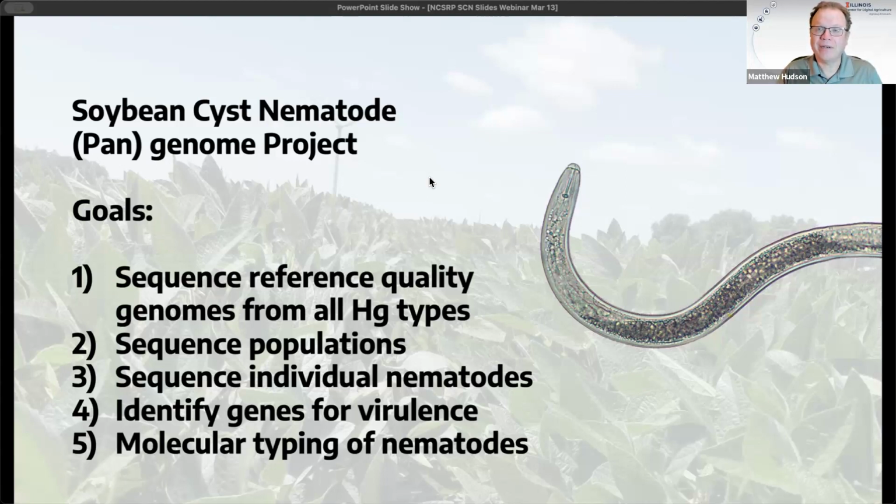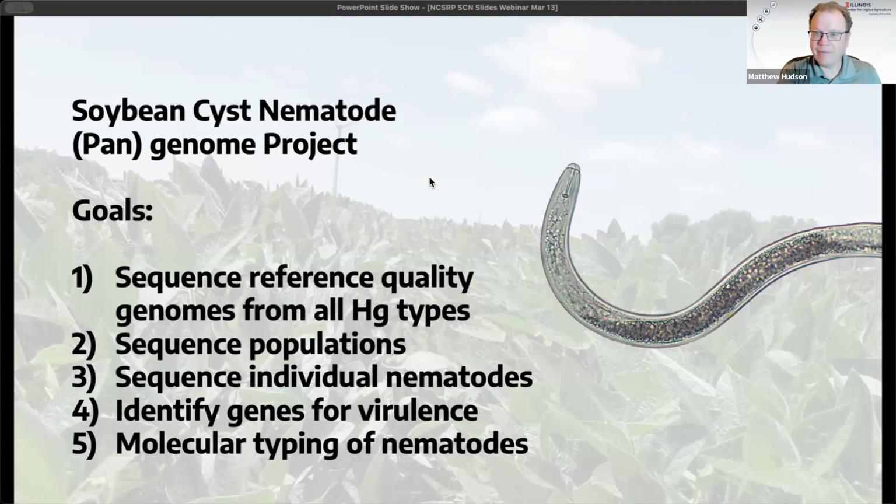And that's a picture not of one nematode or of a mixture of nematodes, but a picture of all of the variation, all of the genes within soybean cyst nematode. It turns out that this is a bigger undertaking than we thought it would be when we started, but our original target was to sequence high quality genomes similar to the human genome and the soybean genome from all of the HG types that are defined by the soybean indicator lines, which I'll talk about in a little bit.